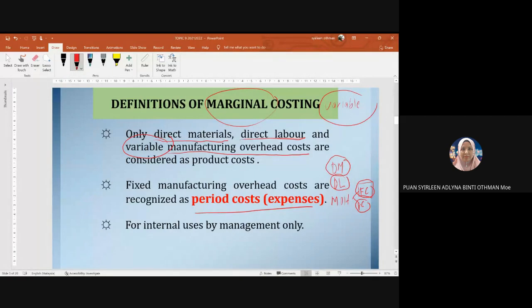Okay, so semasa you nak dapat cost of goods sold tu, di dalam tu you cuma ada direct materials, direct labor and variable manufacturing overhead sahaja. Your fixed manufacturing overhead dia akan duduk di bawah bersama all the organizational operational expenses. Okay, so itu beza dia lah. Alright.